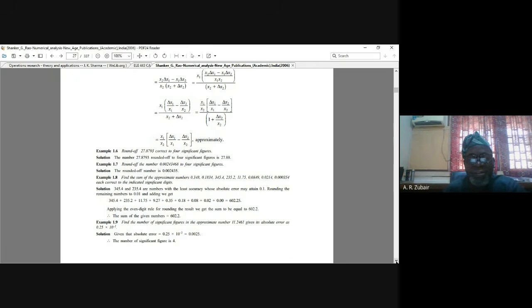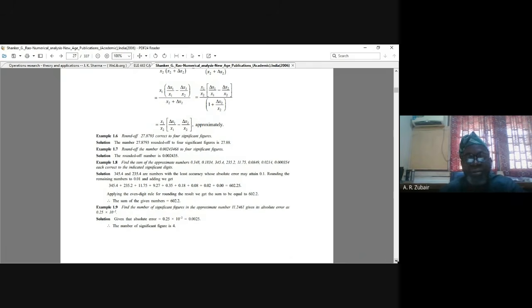Find the number of significant figures in the approximate number 11.2461, given its absolute error as 0.25 times 10 raised to the power minus 2. Given the absolute error as that, the number of significant figures is 4.